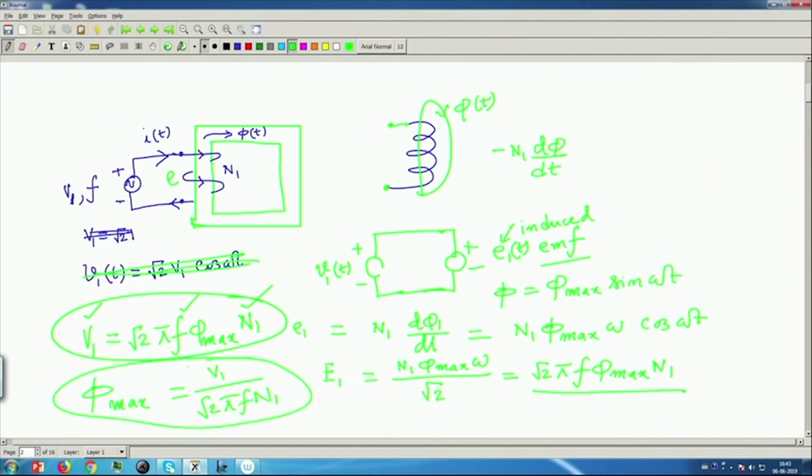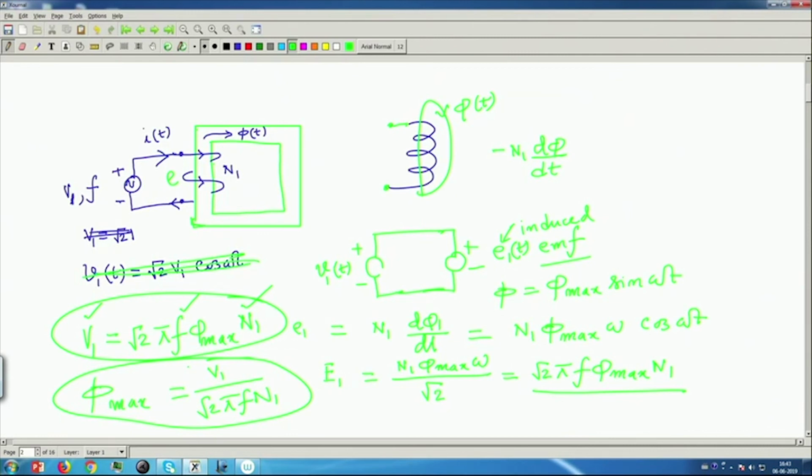Mind you, in case of an alternating magnetic circuit, if you apply an AC voltage, the level of flux phi max is decided by whom?